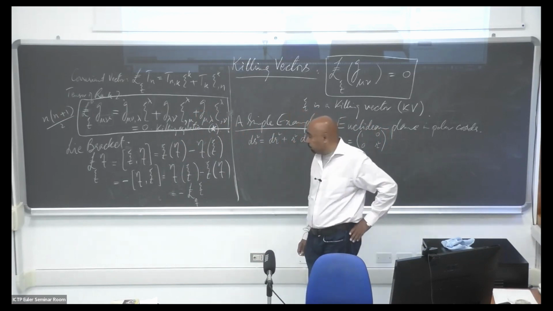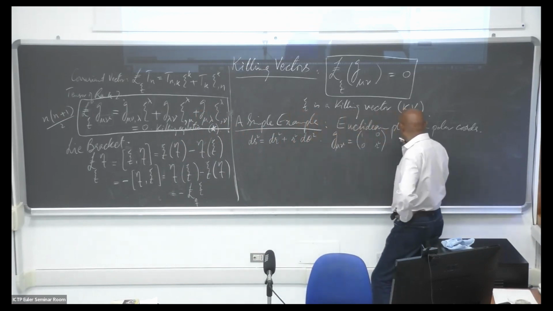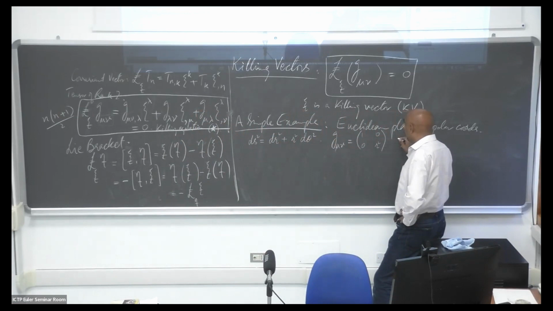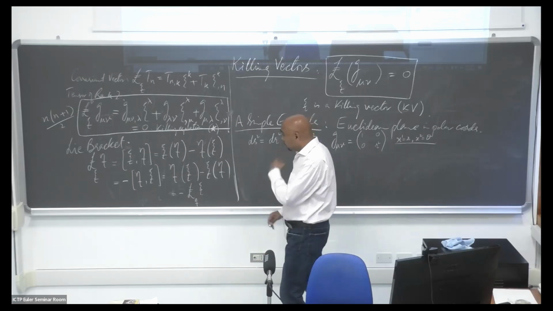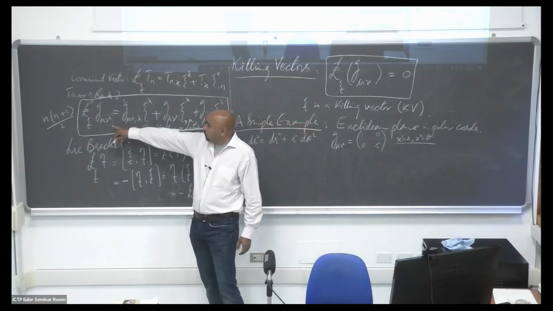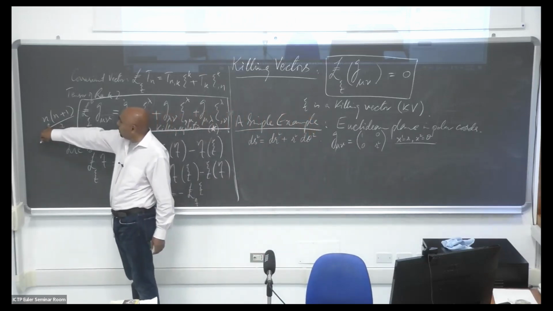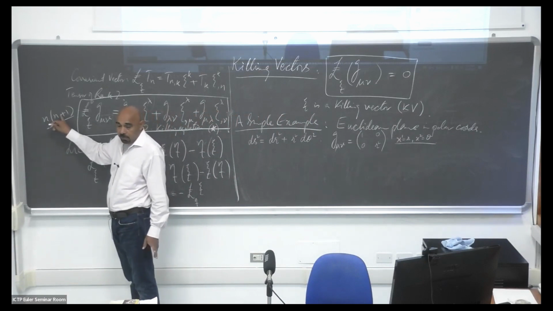We have two coordinates: x1 is r and x2 is theta. Only two coordinates, x1 and x2, and this is the metric. So it is a two-dimensional space, and we will have three equations.